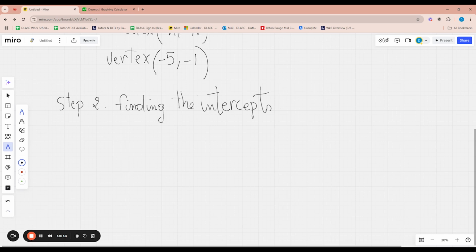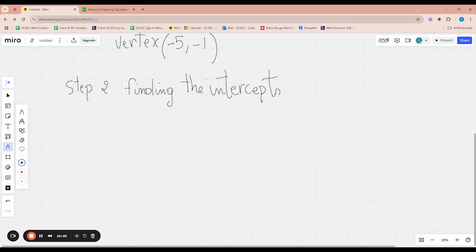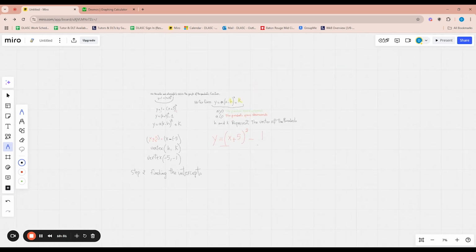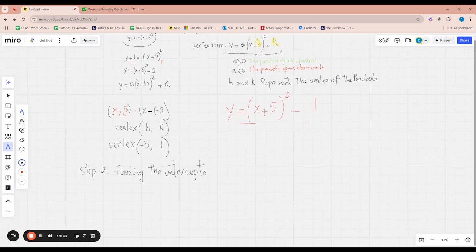I'm talking about the x-intercept: there the value of y is 0. So to find the x-intercept, we set y equal to 0 in our equation, okay?